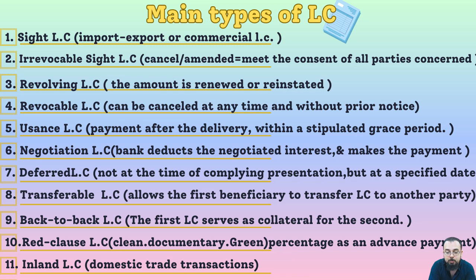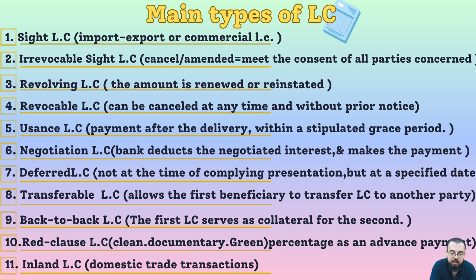It means the issuing bank should pay the deal amount. It cannot be cancelled or amended without the consent of all parties concerned. It means to cancel or to edit, you need all parties' agreement.